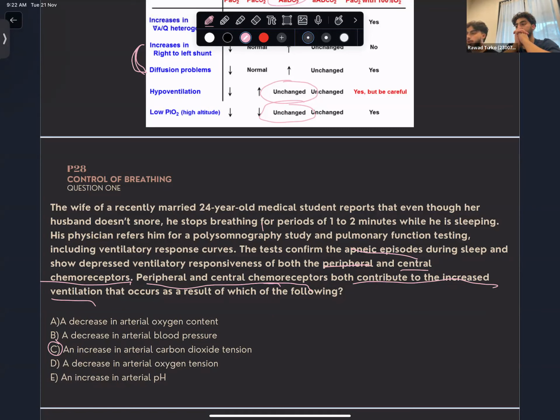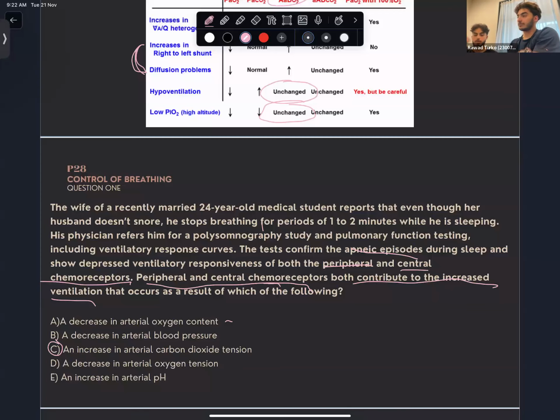So A, why is A a decrease in arterial oxygen content? Here they talked about peripheral and central.